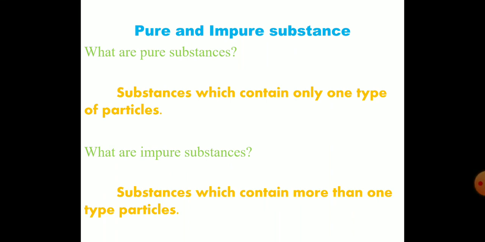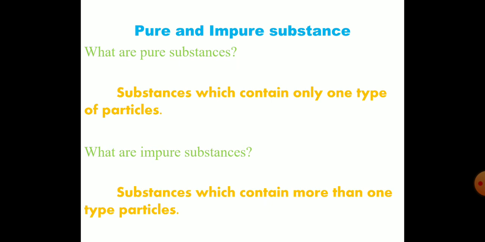Dear students, now we are going to know what is called pure substance and what is called impure substance. We are going to see the definition of pure and impure substances. First, it is given about pure substances. Read the definition.